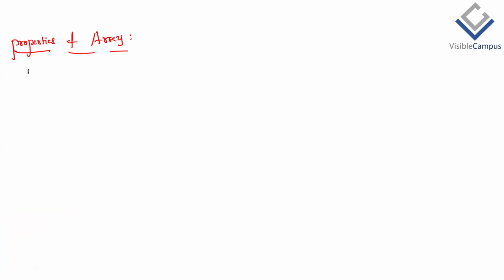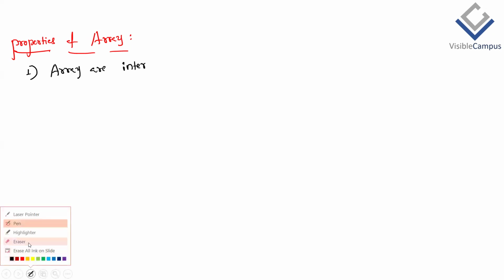The first point is, arrays are objects in Java. It's an object.